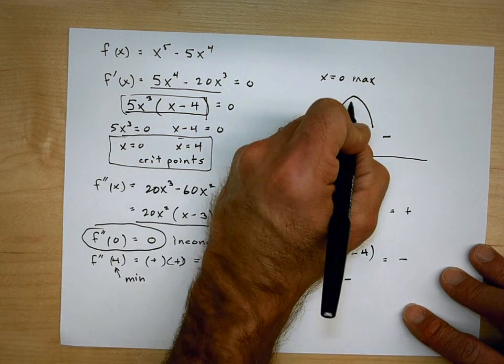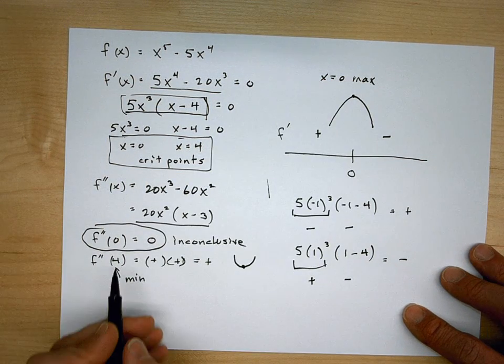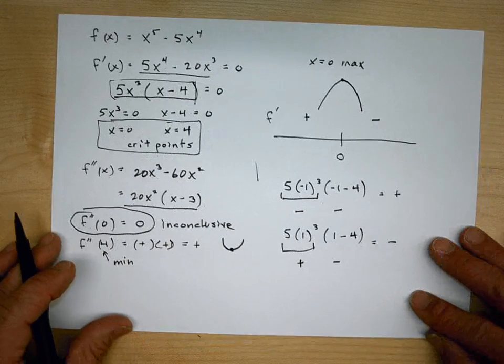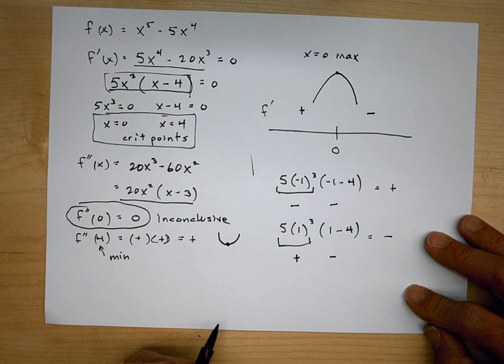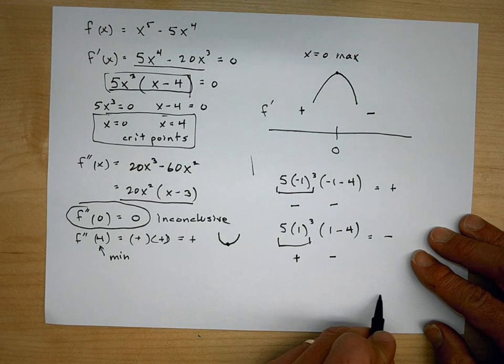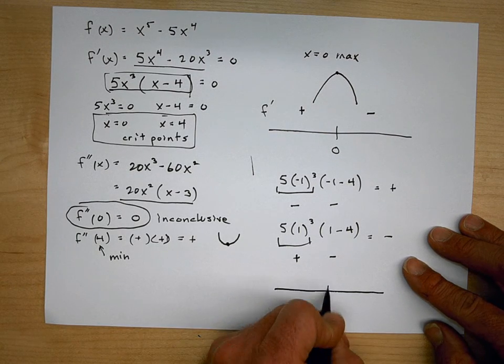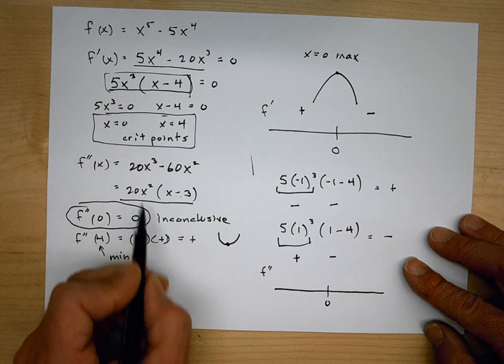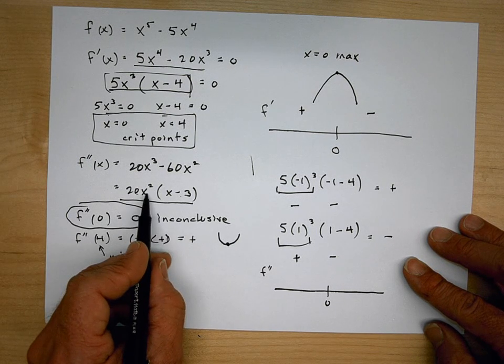All right, so this will happen sometimes where your second derivative is 0. While we're at it, let's just check to see if we have an inflection point going on here. So if I look at the second derivative, here's the second derivative. I put in something less than 0, so let's say -1.